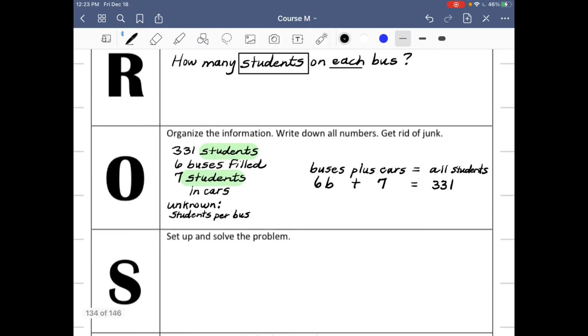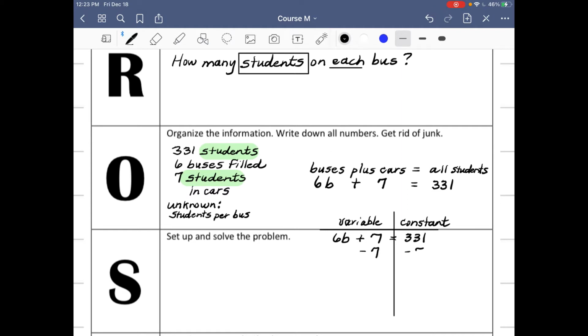So there's the equation that we need to solve. 6 bus loads plus 7 in cars equal the total number of kids, or college students. They don't have to be kids. So here's the variable. Here's the constant. And you know what to do from here, I think.